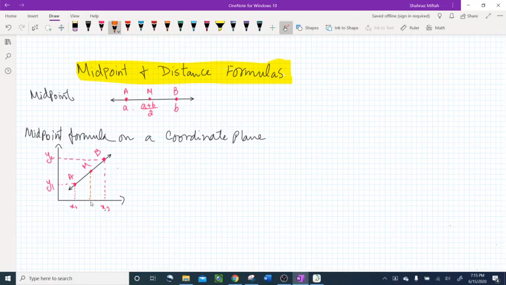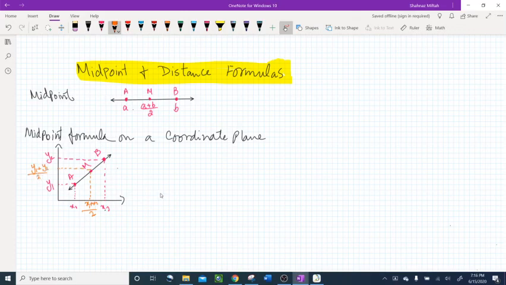The x-coordinate of the midpoint is the average of the x coordinates, which means x1 plus x2 divided by 2. How do I get the coordinate of M on the y-axis? It's the average of the y coordinates, y1 plus y2 divided by 2.